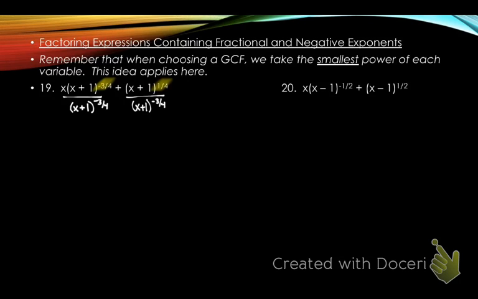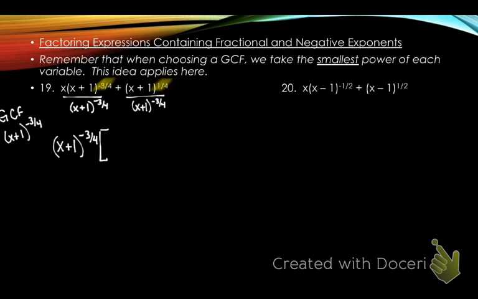So since we're looking at the smallest term, my GCF is the x plus 1 to the negative 3/4 power. Okay, so that's what I'm actually pulling out of each term. So that's going to be outside my parenthesis. And then I'm going to have my grouping.